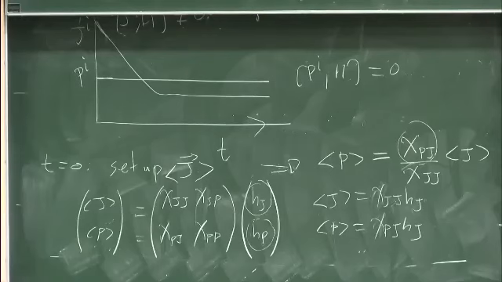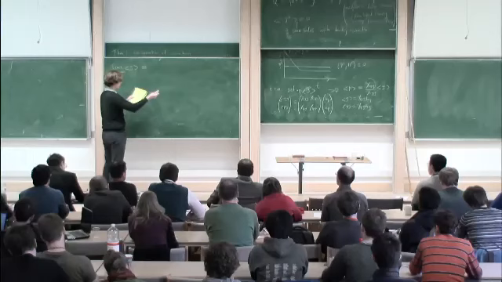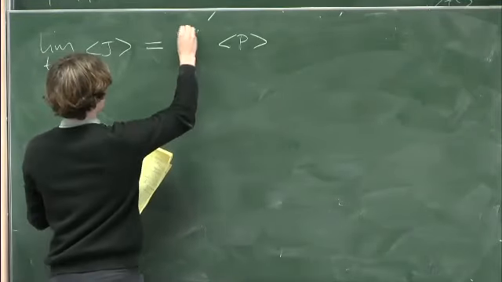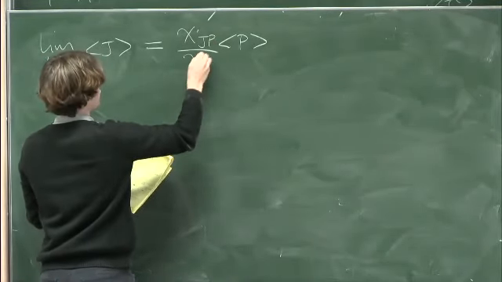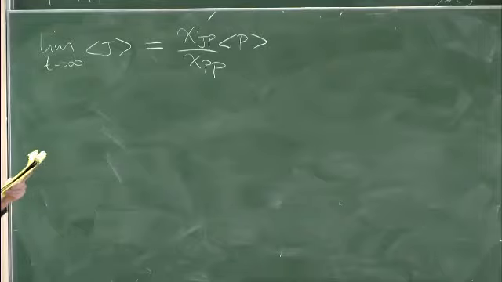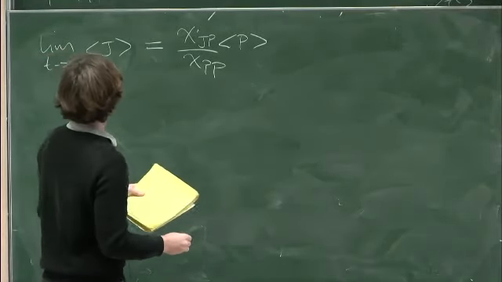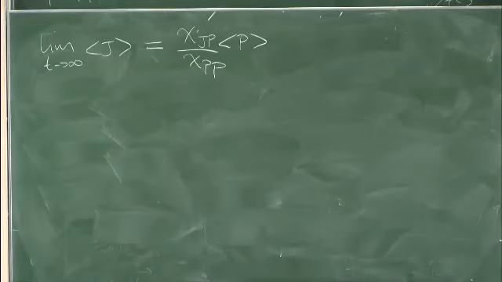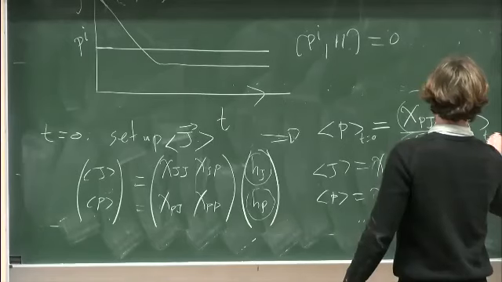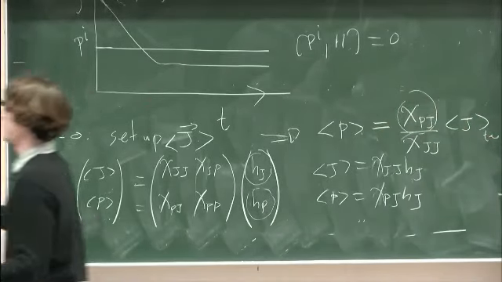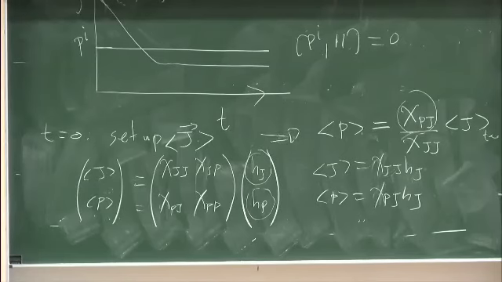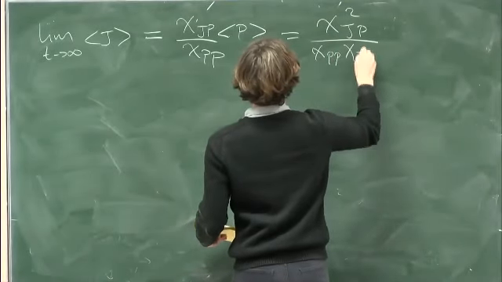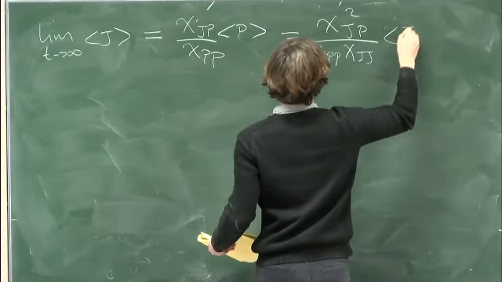So here I want to invert this argument, and imagine that I have a source for the momentum. You get a P, and you get a chi JP over chi PP. This was at t equals 0. So then I use that again, and you get chi JP squared over chi PP chi JJ of J at t equals 0.